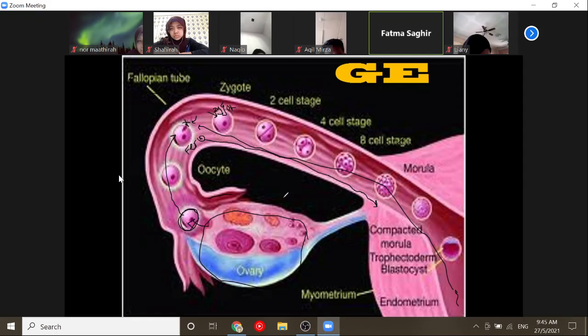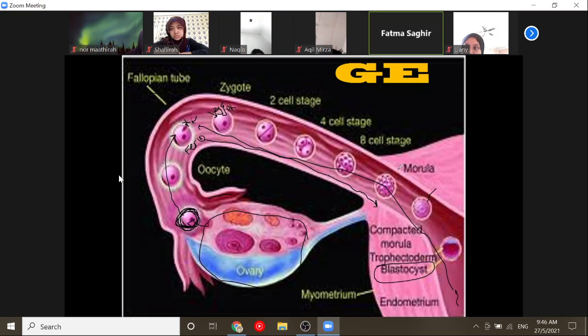So the journey within the fallopian tube, from ovulation, when we pick up the ovum, until we get what we call the blastocyst.